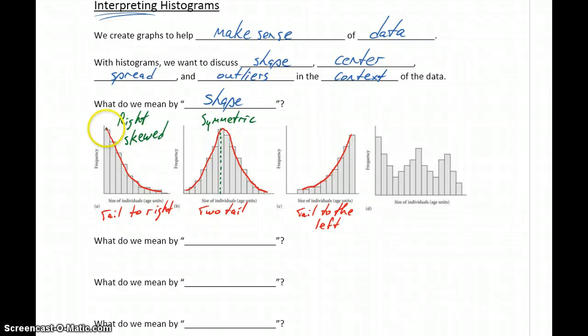Our first graph is right skewed because we call it skewed when we have something that's not a symmetric distribution, and we call it right skewed because in this case that tail is headed off on the right side. So here we have something that's not symmetric. The tail is headed off to the left, so we would call this graph left skewed.